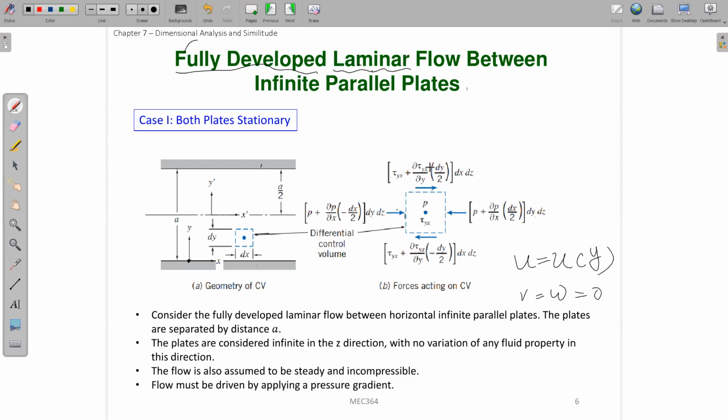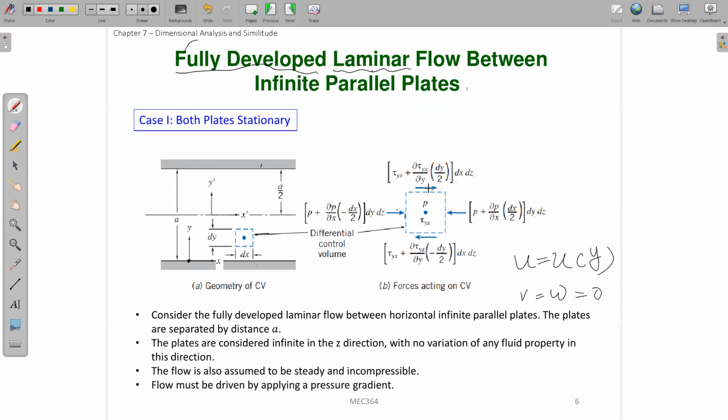On the top one, again using Taylor series, this will be the tau yx value on the top face. And then you times the area dx dz on the top face. This will give you the shear stress force on the top face. Similarly, you will also have the shear stress force on the bottom.